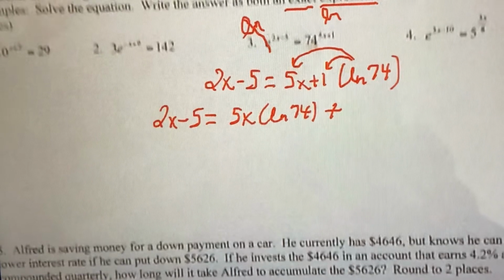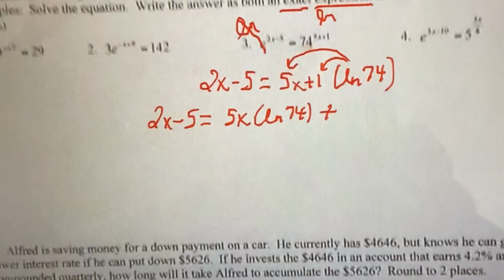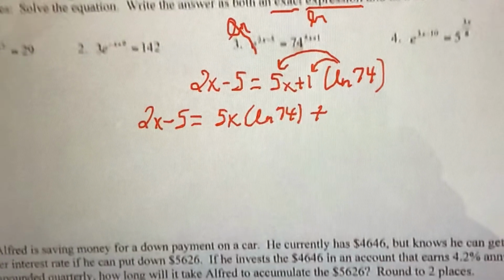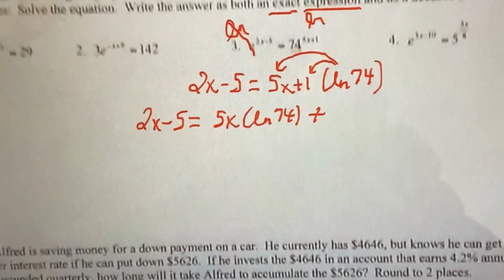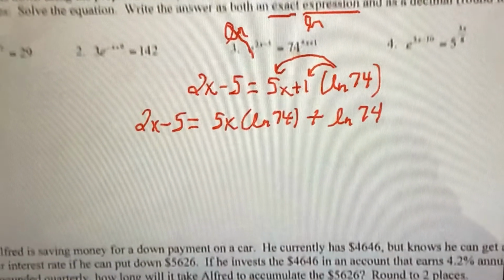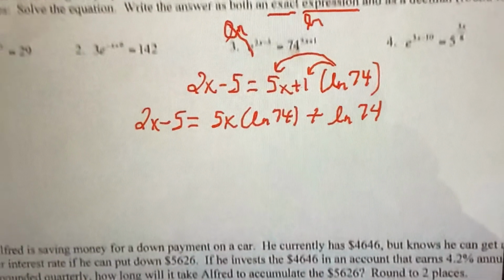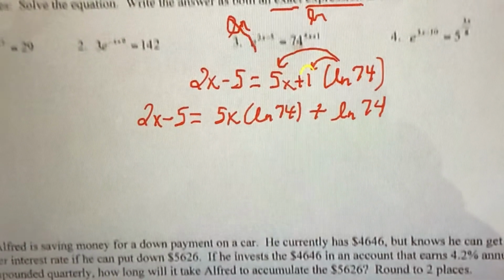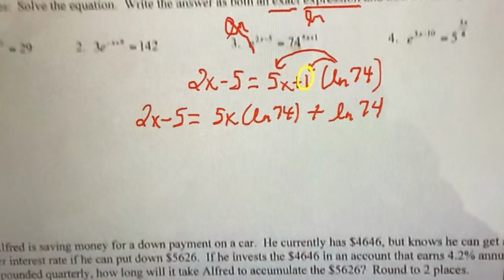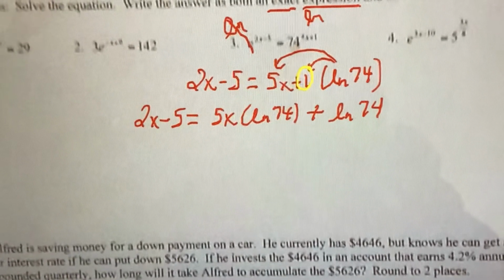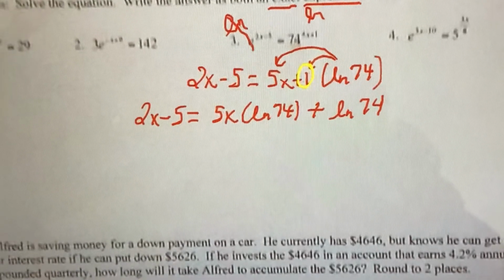So, I mean, I can put the 1 for the moment, but Hawkes probably won't be kind to me and allow me to keep it there. But 1 times the natural log of 74 is just the natural log of 74. So if this were a 3 here in this spot, then I'd have to say 3 times the natural log of 74. But since it's just a 1, I don't have to do anything with it.